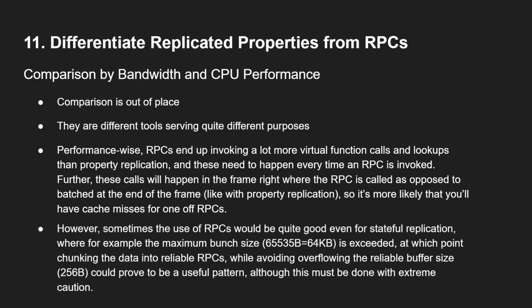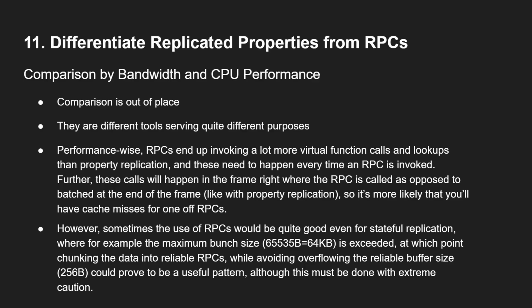And a cool note at the end is that sometimes the use of RPCs could be quite good for stateful replication, which is mind-blowing, I know. But sometimes you would want to use this if you happen to exceed the maximum bunch size, which is around 64 kilobytes.